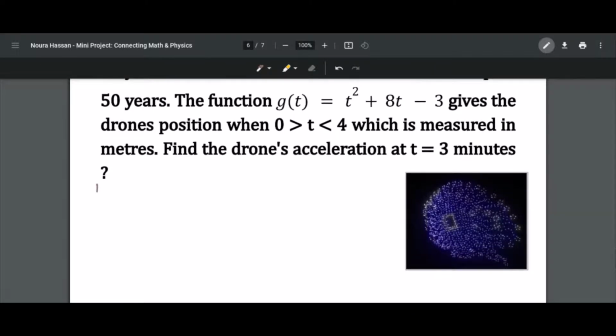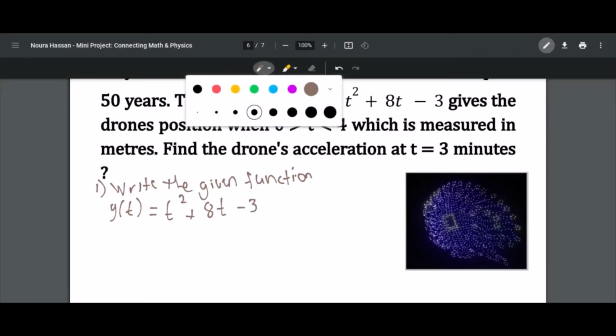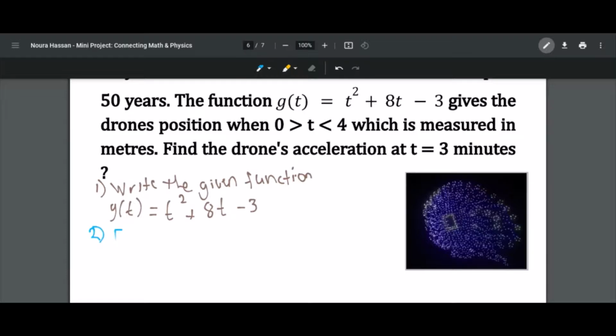Step 1 is to write the given function, which will be g of t equals t squared plus 8t minus 3. Step 2, find the derivative of the function.